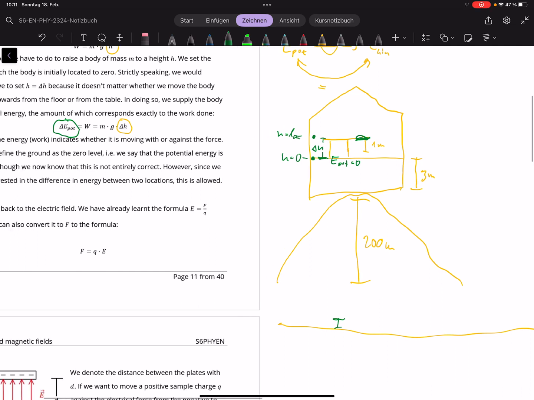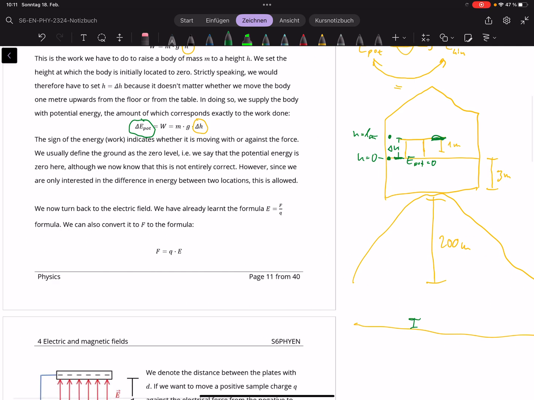And as I've explained before, we can say the energy is equal to the work that needs to be done to move a mass in a field with a field strength of G over a distance delta H in direction of the field vectors. Okay, now this looks a bit messy, so I clean that up.